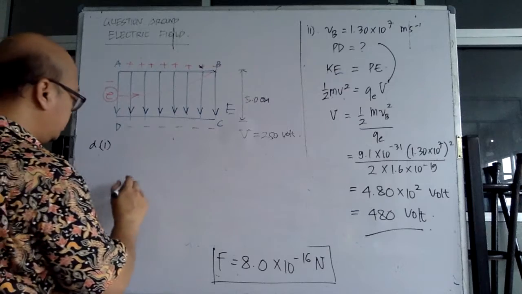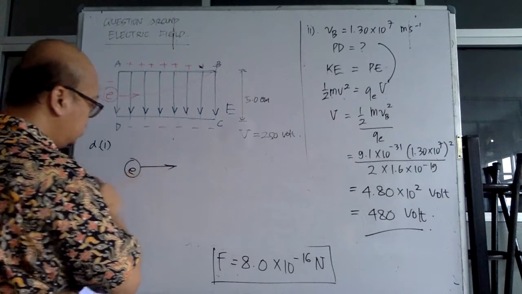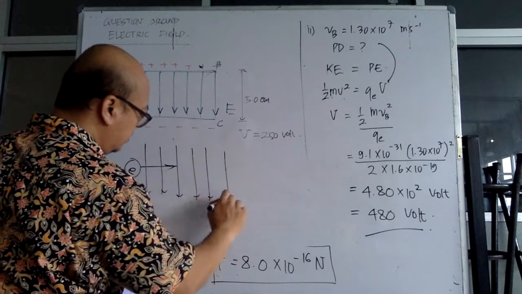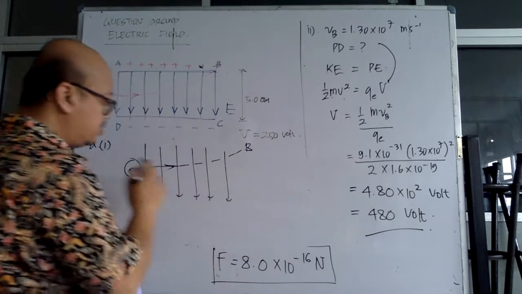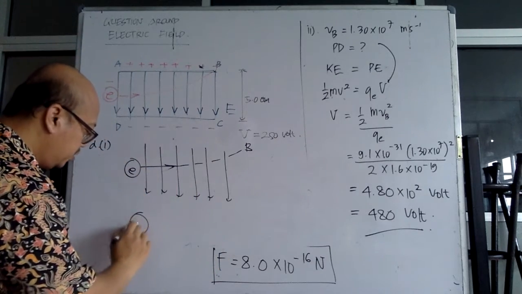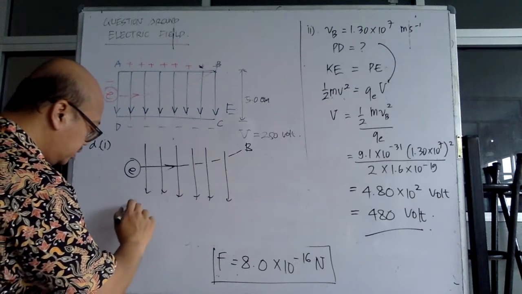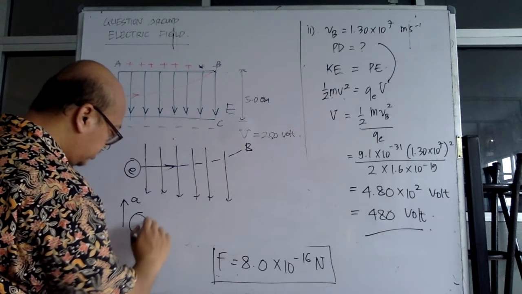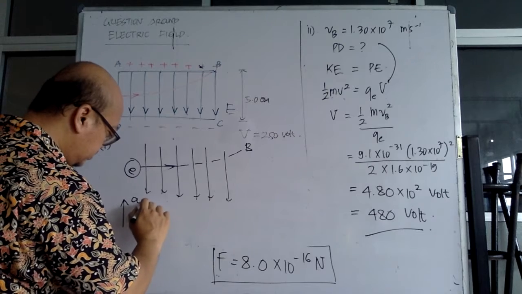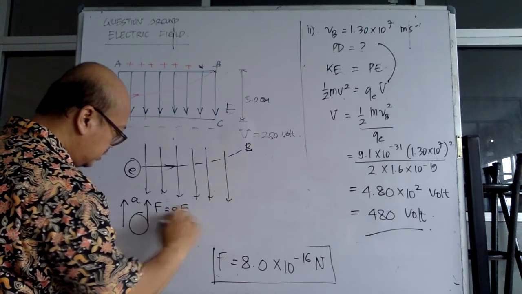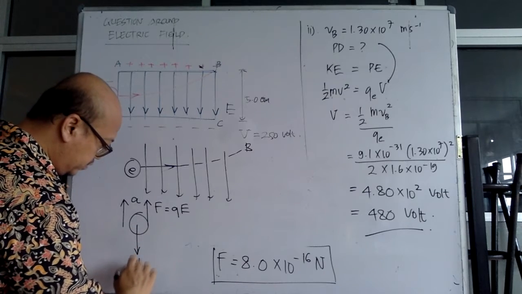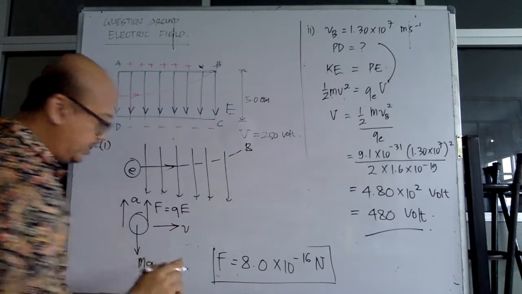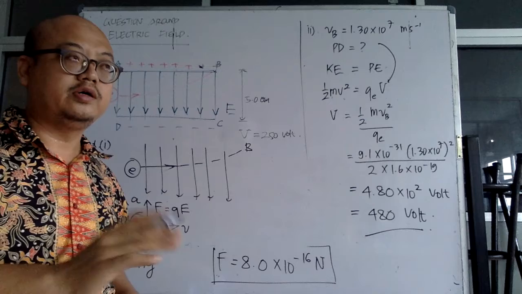So this is about when the electron enters the electric field, like this one, and comes to point B. If we draw the electron, it has acceleration a, and it has force, and also weight, because the velocity is below and there is an upward force on the horizontal plane.